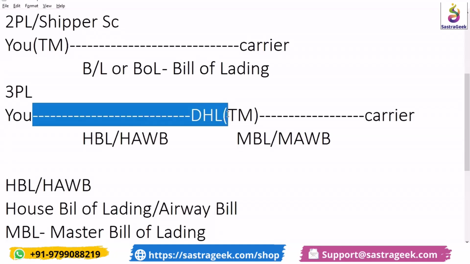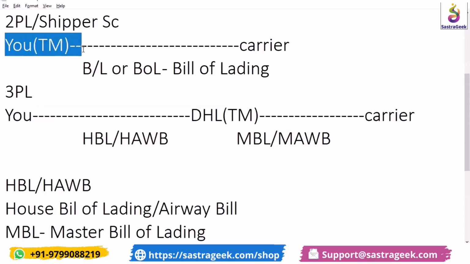Now, don't get it mixed up with your ECC, which is getting integrated to TM at the shipper side. Most people get confused because both TM and ECC are sitting in the same environment at a shipper side. So you don't have anything to be done over here; it is your ECC and TM interacting.